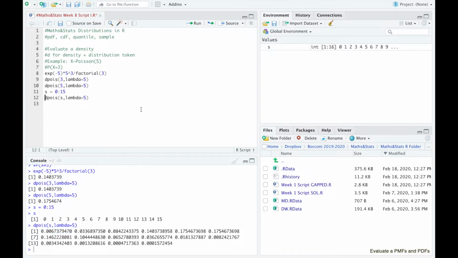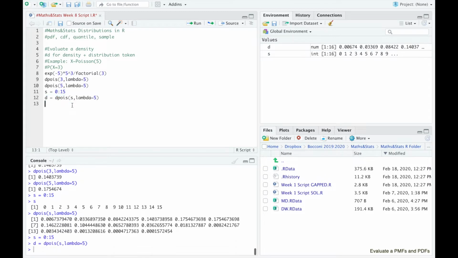This is very useful if, for example, we want to plot this probability mass function. So to plot this function, s will be all the integers from 0 to 15, and d is the Poisson probability mass function evaluated at these points.